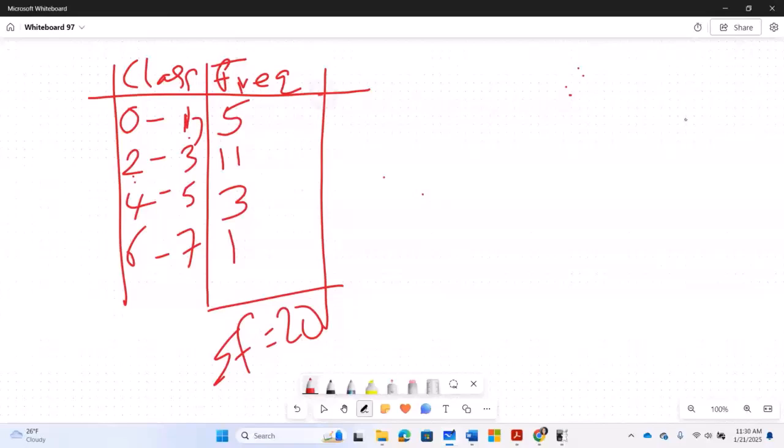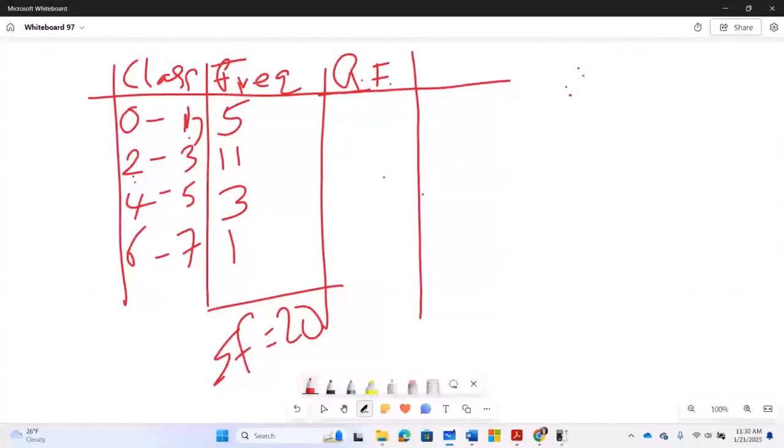But you can also be told to include the relative frequency. The relative frequency is the frequency of the class over the total. And by the way, relative frequency is the same as probability, just in case anybody asks you.